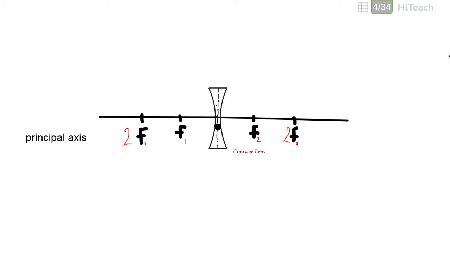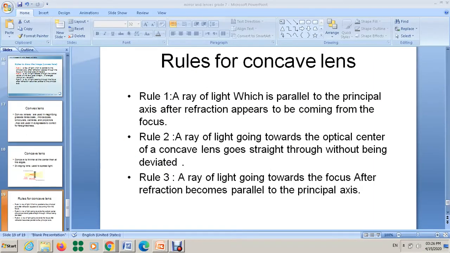Let's start with these rules. At the middle, I also want to remind you, you have to put a line at the center of the lens. Okay, what are the rules that we are going to learn to know the properties of the image that is formed from the concave lens? Let's start with rule number 1.